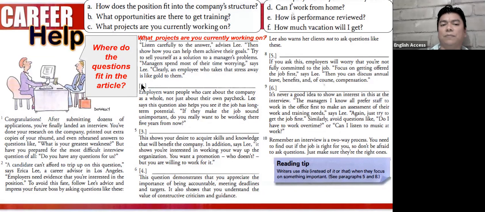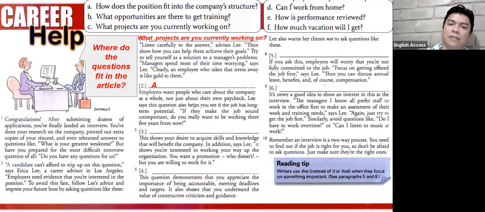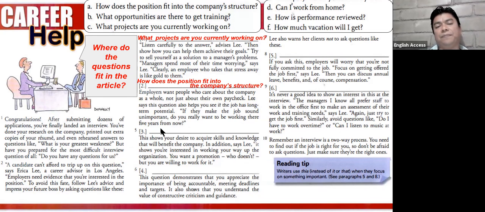Number 2. What do you have number 2, guys? A. A, that's correct. How does the position fit into the company's structure? Okay. Number 3. What's number 3? That will be letter B. What opportunities are there to get training?